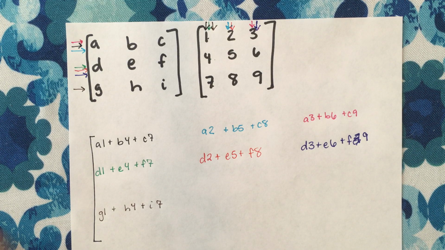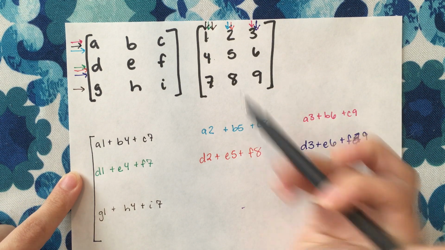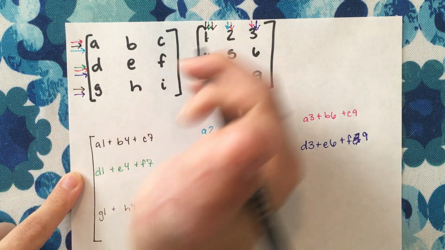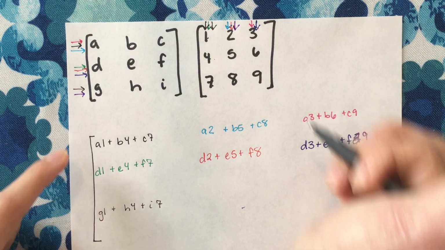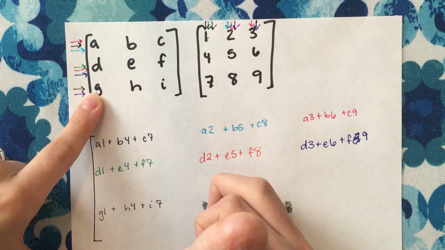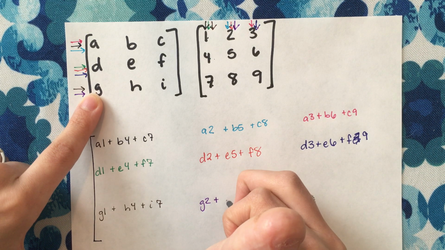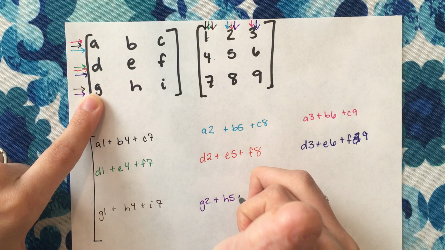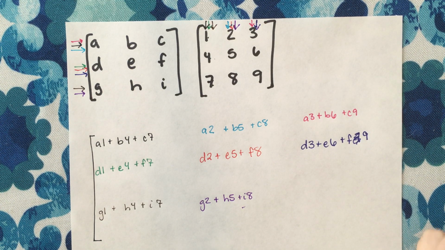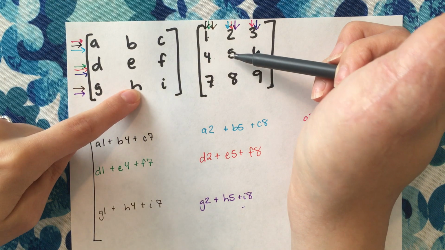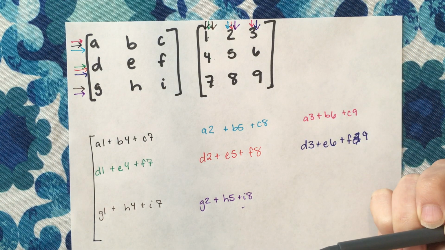Okay, let's do the 3, 2 element. So that's the third row, second column. So I have G times 2 plus H times 5 plus I times 8.